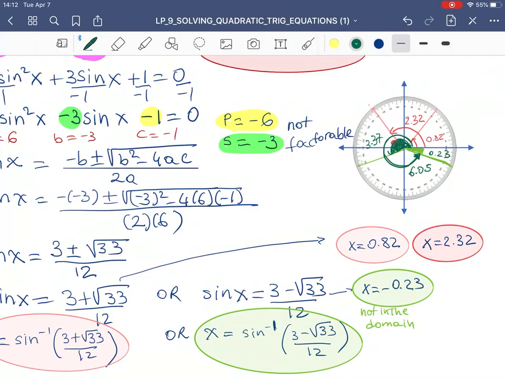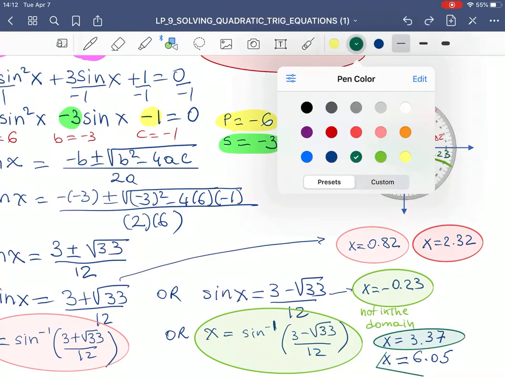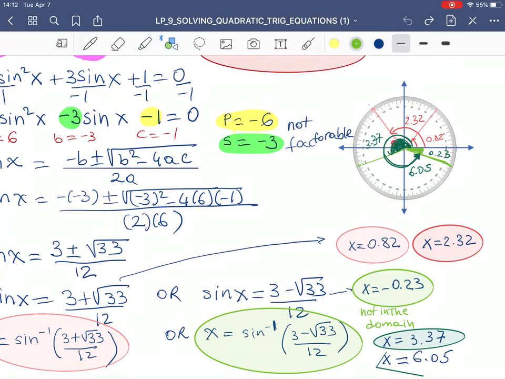So the solutions we derive from this equation then will be x equals 3.37 radians and x equals 6.05 radians. So let me highlight them. I actually didn't mean to do this.